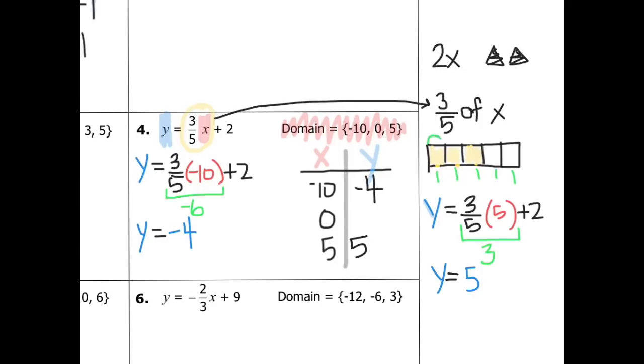This whole block that you're going to create represents x. And then your job is to find that fractional part of x. In my case, I had to find 3/5 of what x was. x was 5, so 1, 2, 3, 4, 5. And 3/5 was my highlighted portion. You can do this. If you want to use your fraction pieces, you can, but this is totally doable.